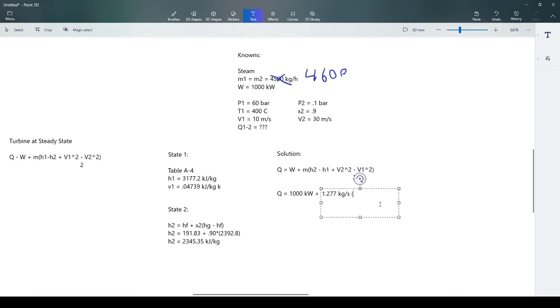And then we multiply by this over here, which is our H2 value, which is 2345.35 minus 3177.2 plus, although I'll make that a quantity, I'll get that by itself so it doesn't look weird, plus 30 squared, because V2 is 30 squared, minus 10 squared over 2.